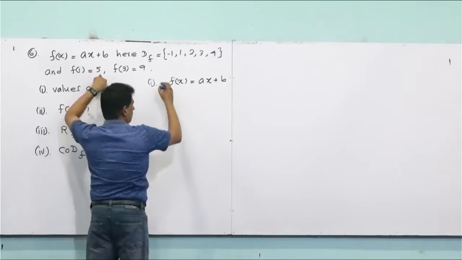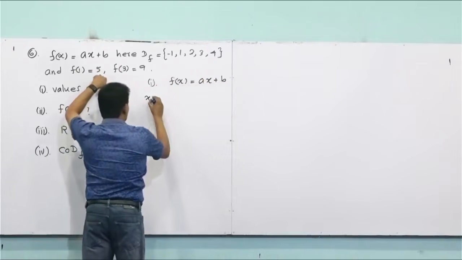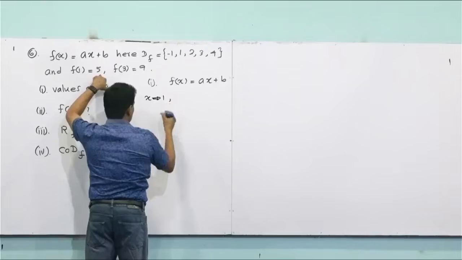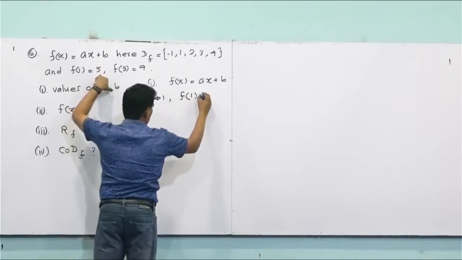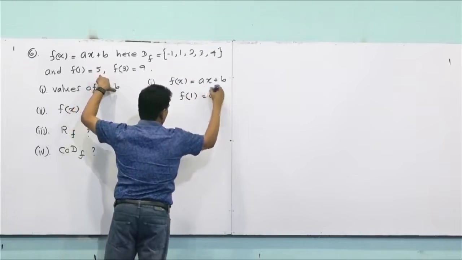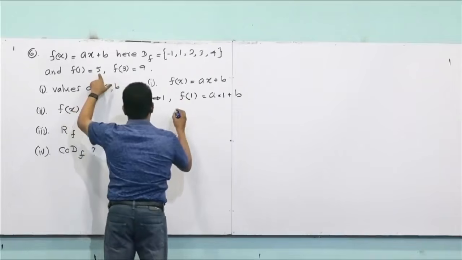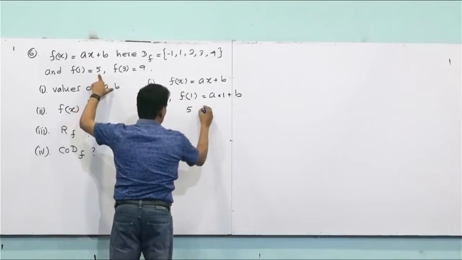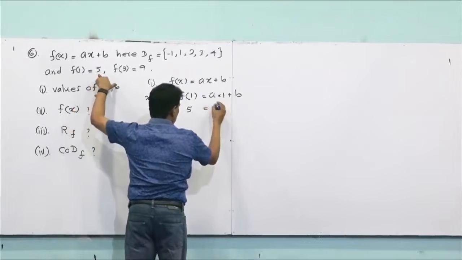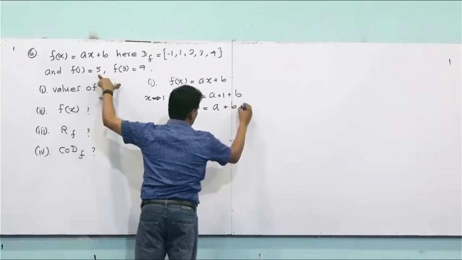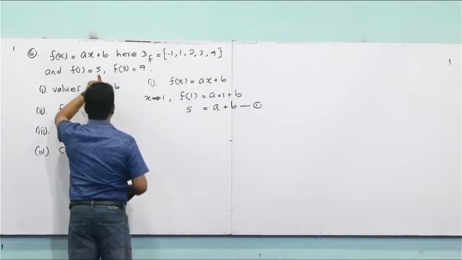What we have to do is substitute 1 for x. Then a into 1 plus b. We know f of 1 is 5, so for f of 1 we can write down 5. Here a into 1 means a plus b. This is equation 1.